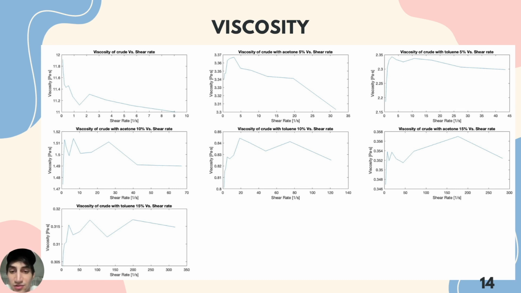As we can see, they all show similar behaviors, which are decreasing as the shear rate increases, but start at different values. For example, the crude without any solvent starts at 12 pascal seconds, and the viscosity of crude with acetone 15% is at 0.3 pascal seconds.